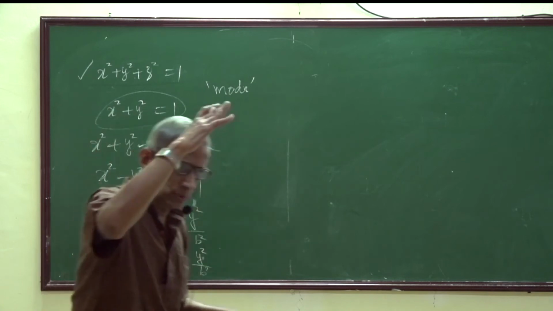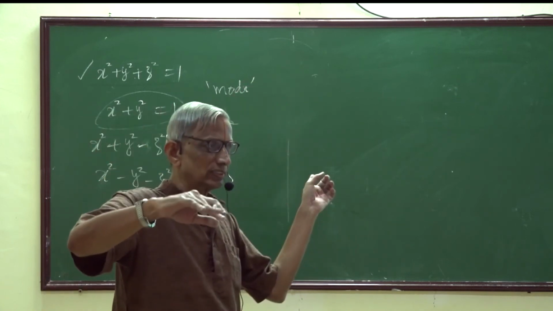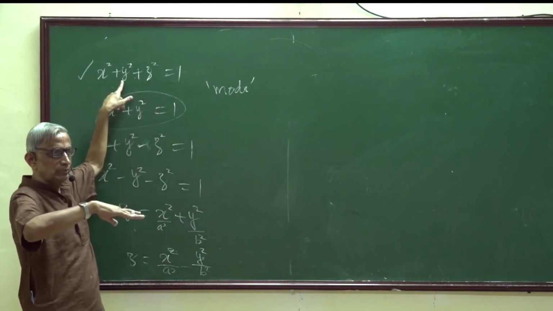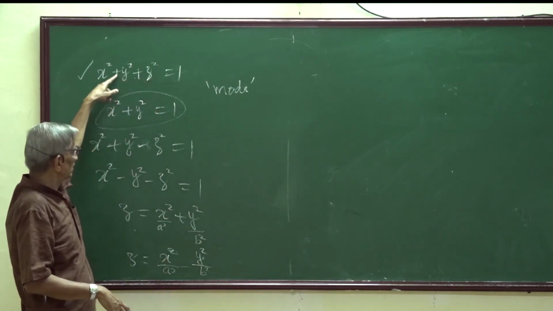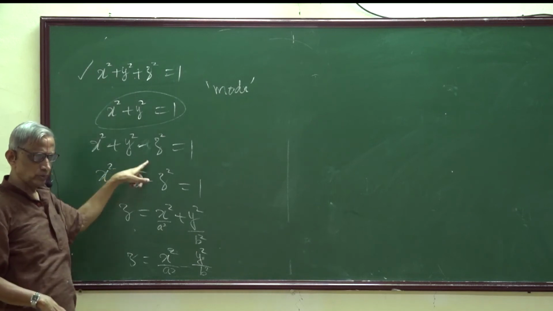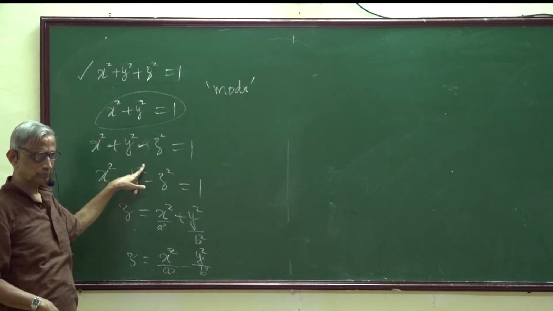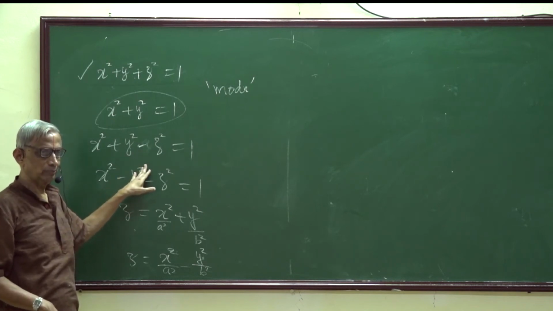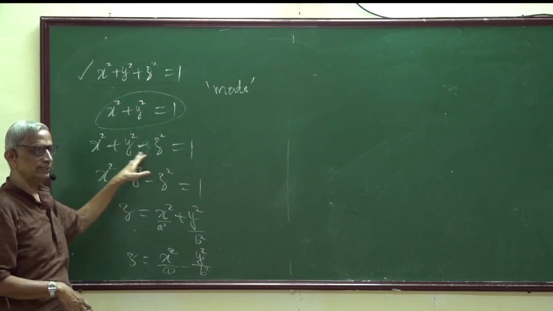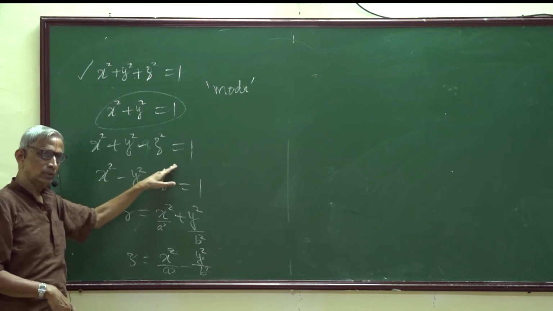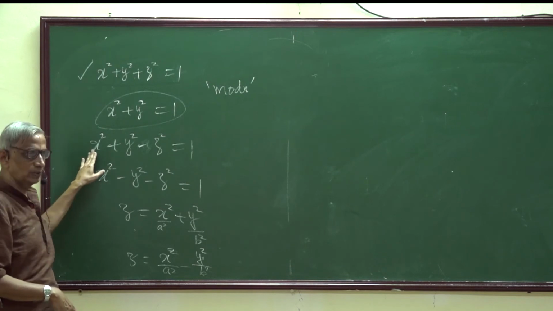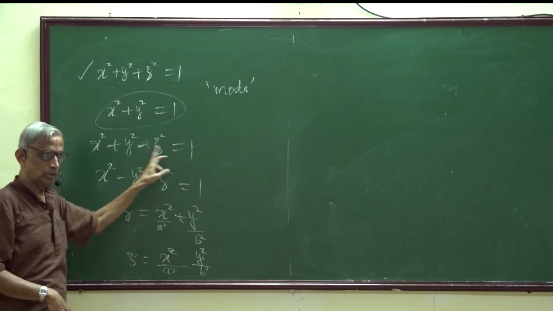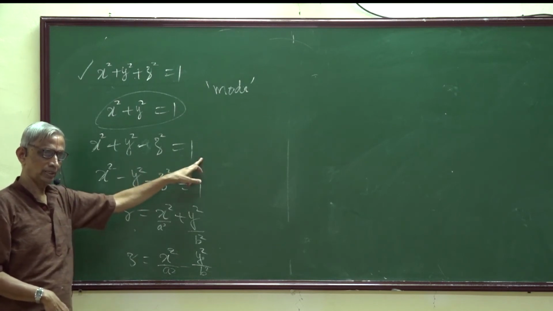So just look at the plane sections of this, right? If you cut the sphere by planes, you are going to get circles, right? If you cut this by the plane z equal to a constant, you are going to get a circle. On the other hand, if you cut it by a plane, say x equal to a constant, you are going to get a hyperbola, y squared minus z squared equal to something.